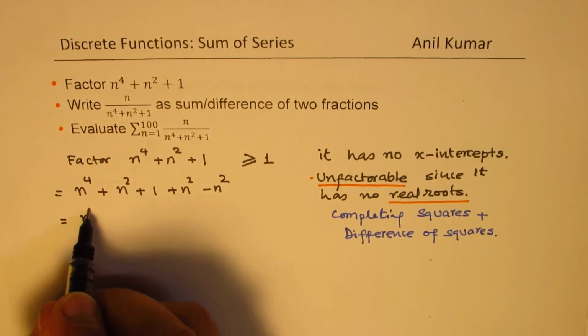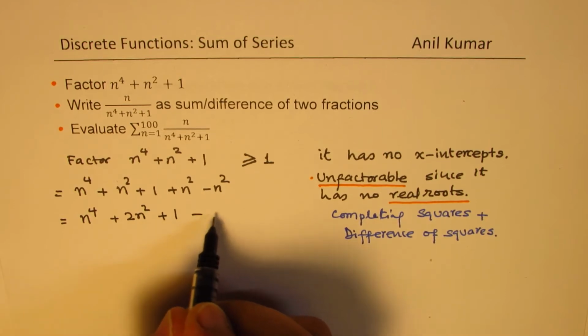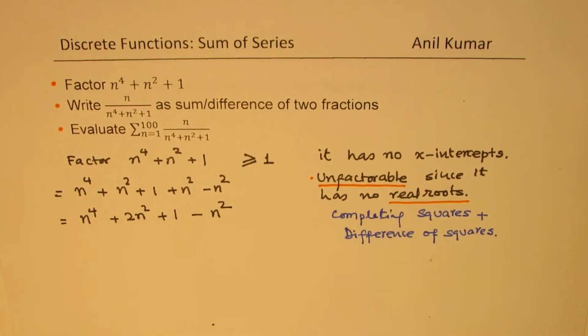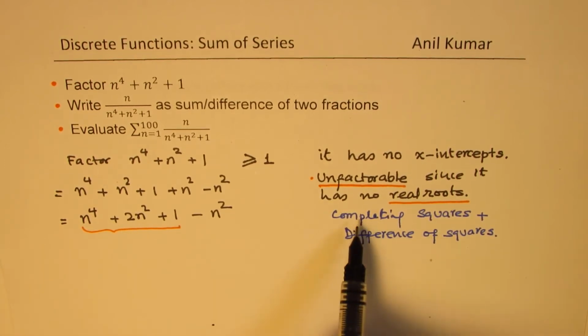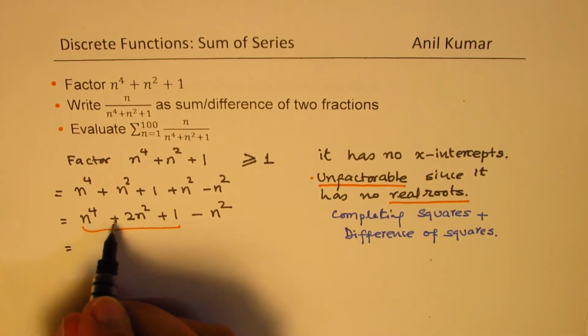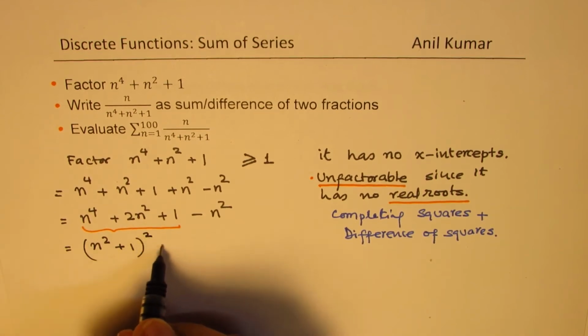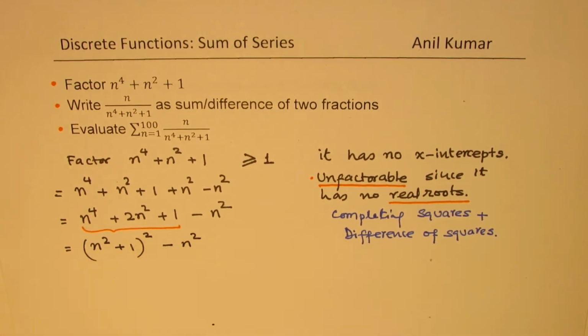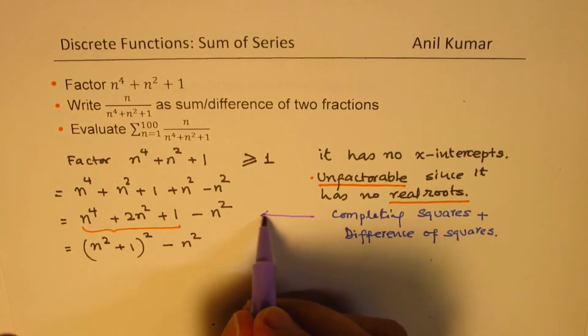That gives us n to the power of 4 plus 2n square plus 1 minus n squared. Now this term here is a perfect square, and that is what we call completing the squares. So we get n square plus 1 whole square minus n squared. So by adding and subtracting n squared, we actually completed the squares.